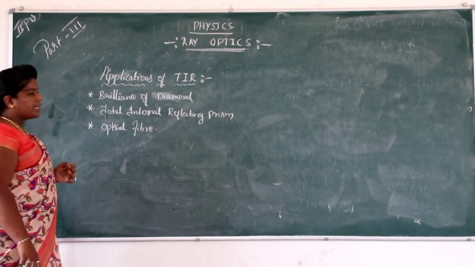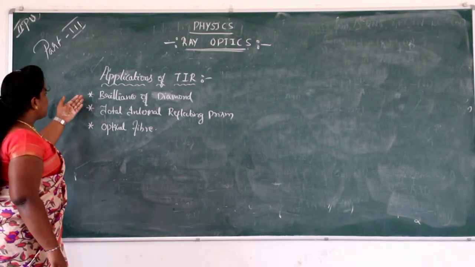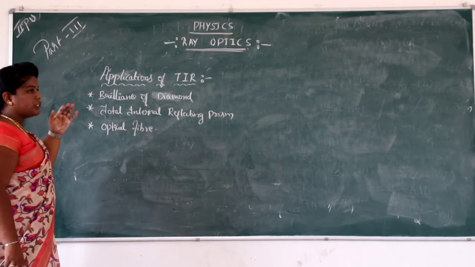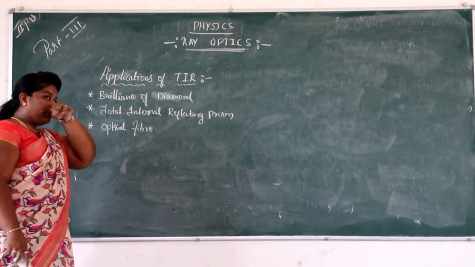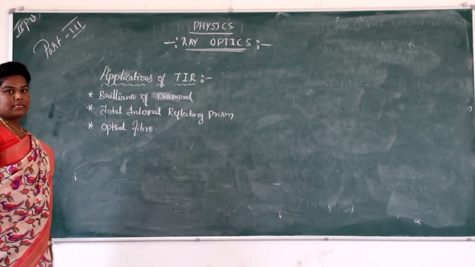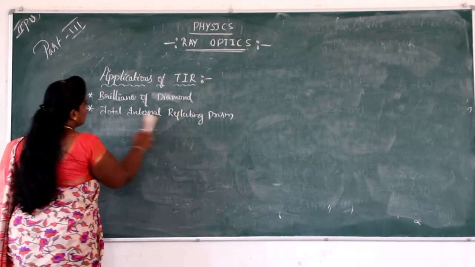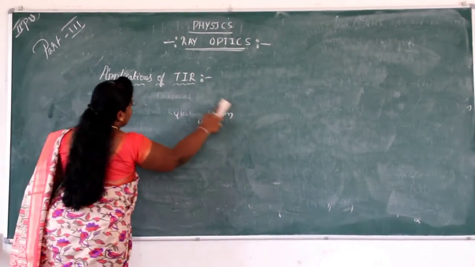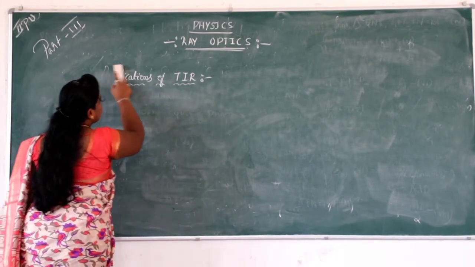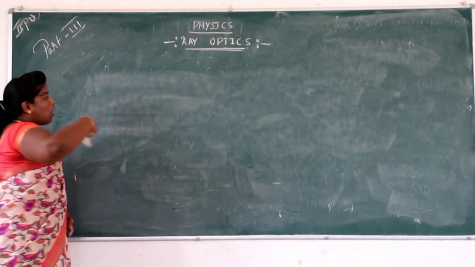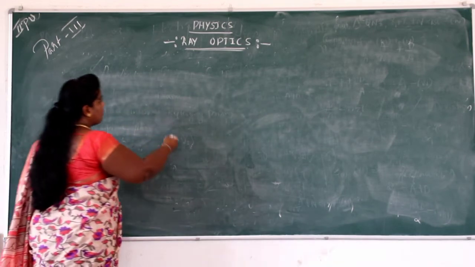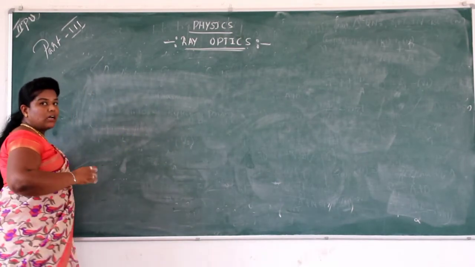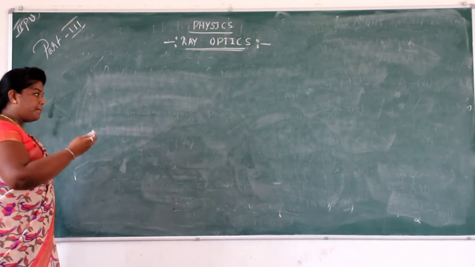But in your examination, they may ask you to write the applications related to the optical fiber as well as the total reflecting prisms. In the case of total reflecting prisms, let us discuss how they reflect and how they are going to form the image.